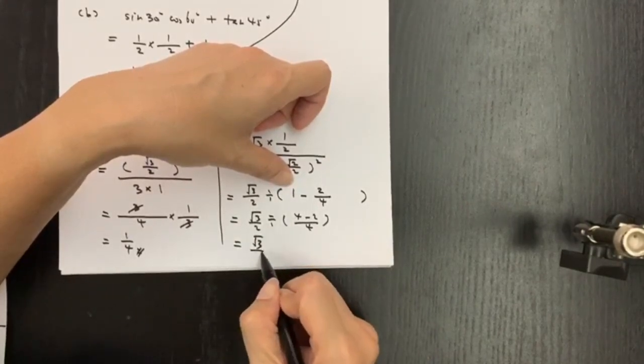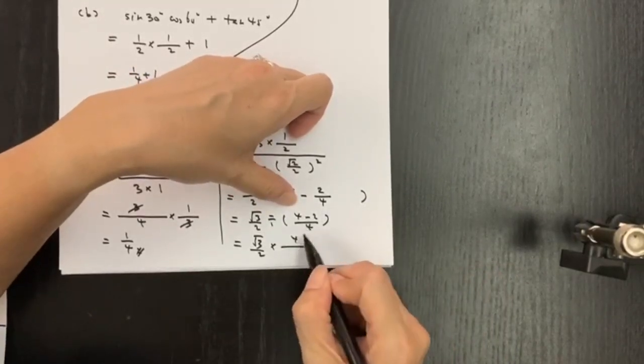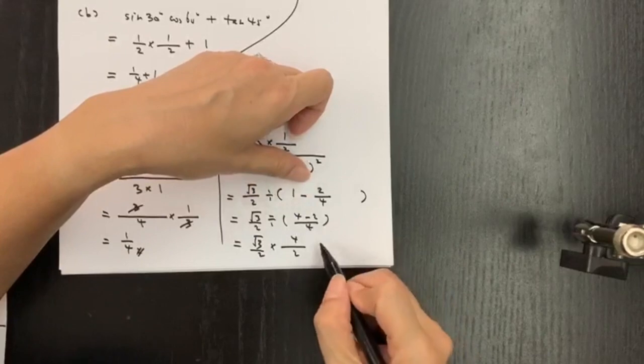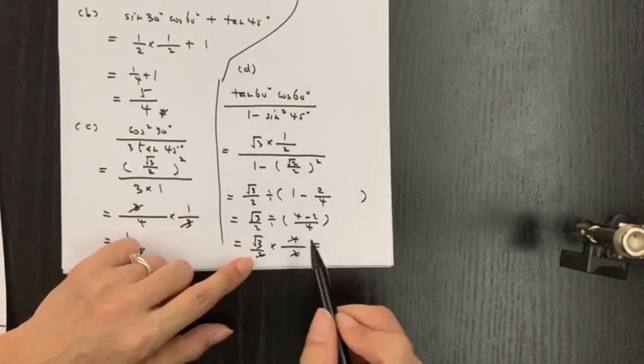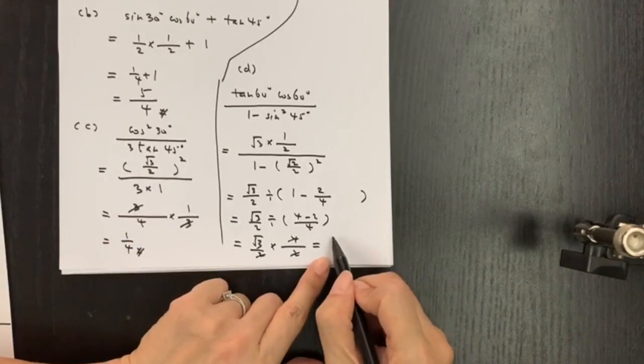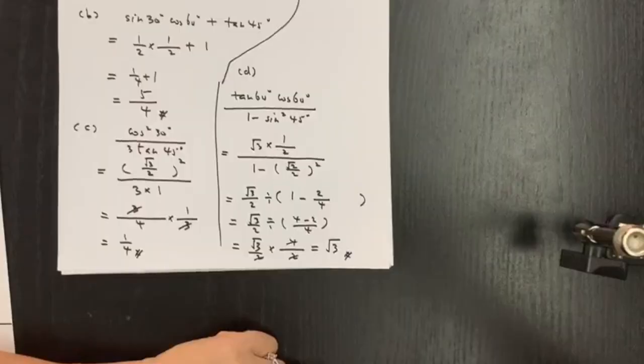Root 3 over 2 times, I can flip this over, I put 4 on top, and 4 minus 2 is 2. So what is the final answer? 2 times 2 and 4 cancel out, so the final answer for this value is root 3. Okay, this is it.